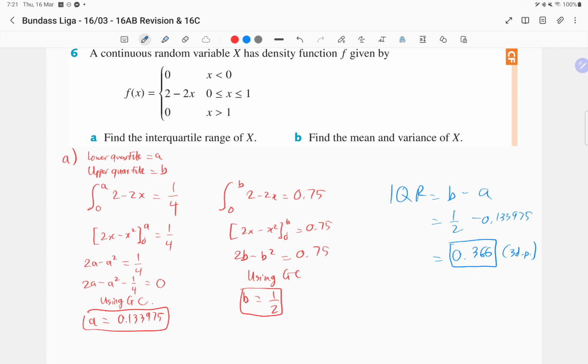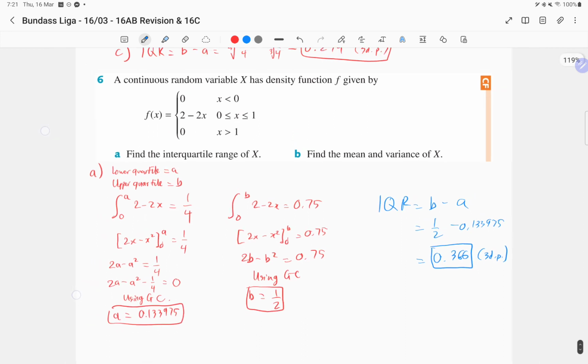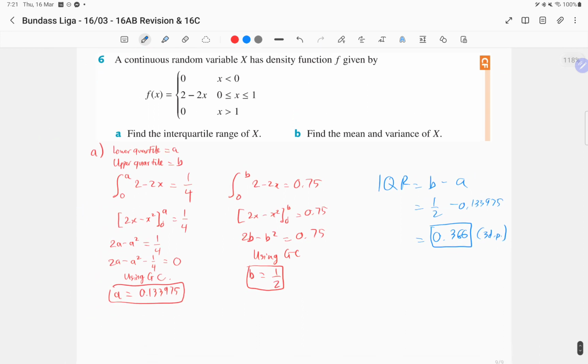It seems that you can do A comfortably, and just have to do B. B is even easier for a calculator question. No solution found, for which one? B? Let me see. Oh, it's 2b minus b squared, not minus 2b squared. Yes, it's 2x minus x squared, so 2b minus b squared.